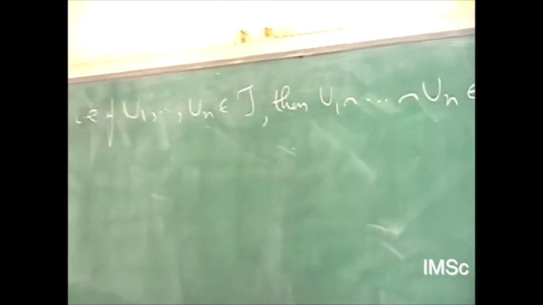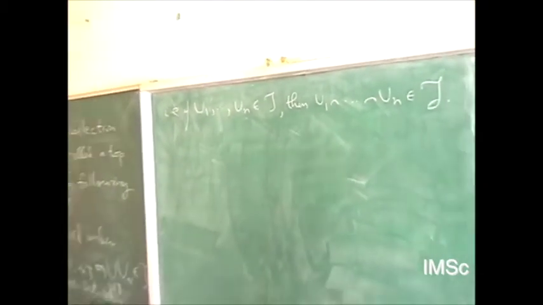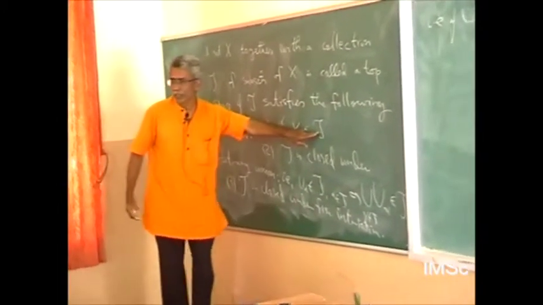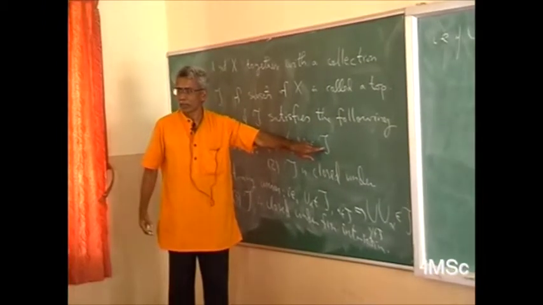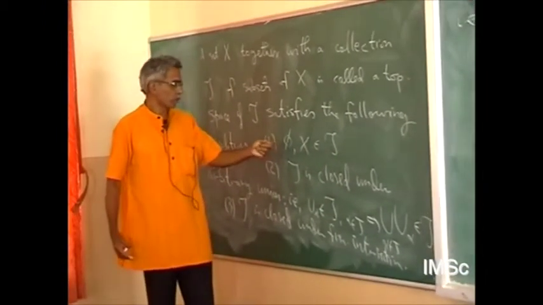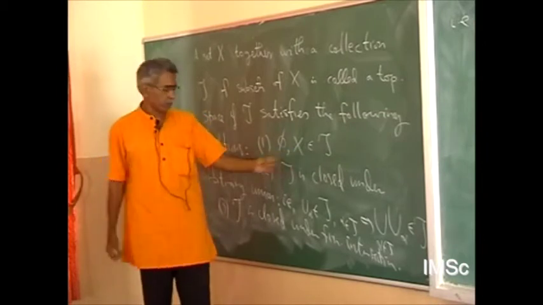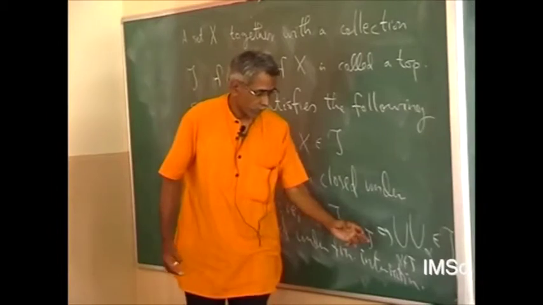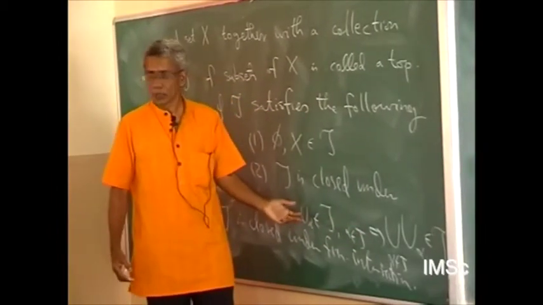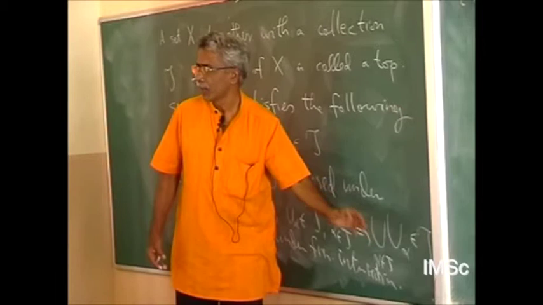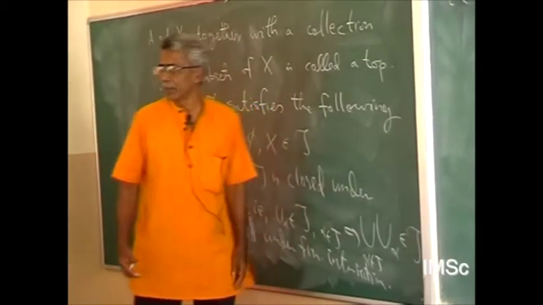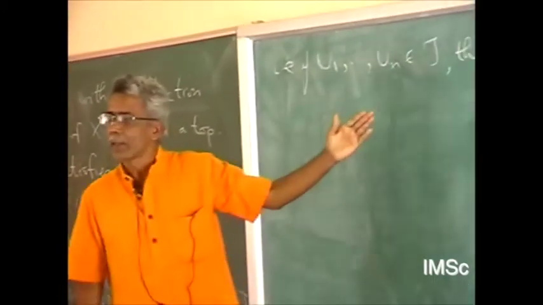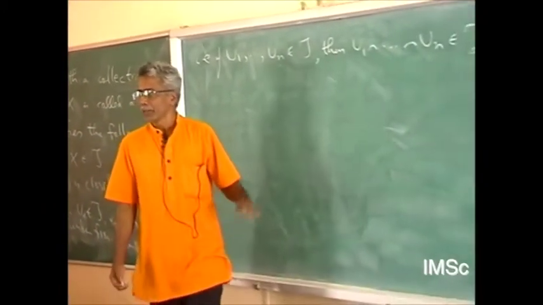Notice that if X is a metric space and this is the collection of all open sets with respect to that metric, then of course the empty set and the whole space are always open, and if U alpha, for alpha in J, some indexing set, is open for each alpha, then the union of U alpha is also an open set in the metric space, and a finite intersection of open sets is open in the metric space.